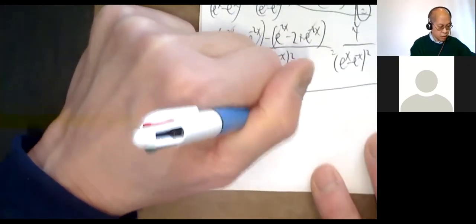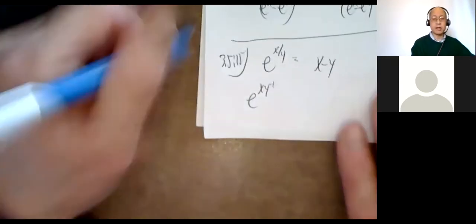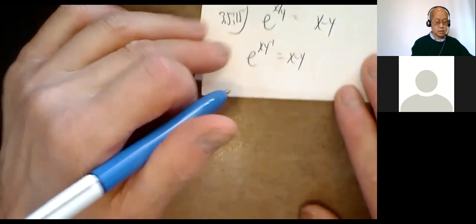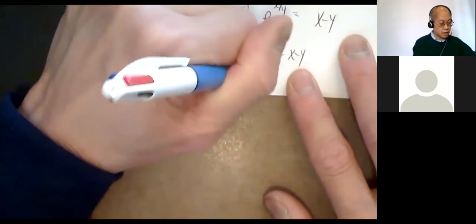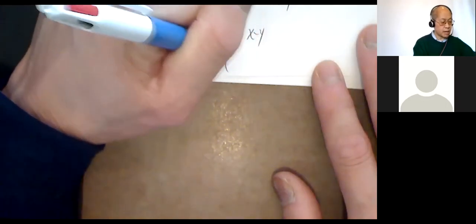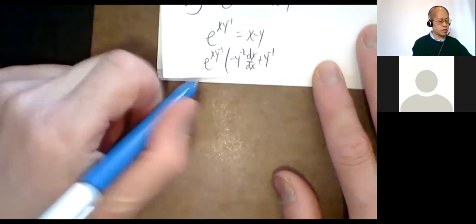e^(x/y) equals x minus y. Let me write e^x, y^(-1), I think it's easier that way, equals x minus y. This is implicit differentiation, so e^x y^(-1) times the derivative of x y^(-1). First times the derivative of the second, negative y^(-2) dy/dx, plus y^(-1) times 1 equals 1 minus dy/dx.